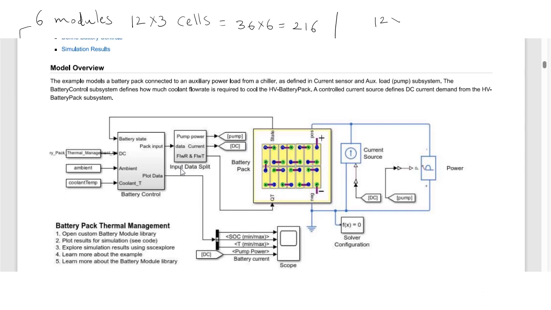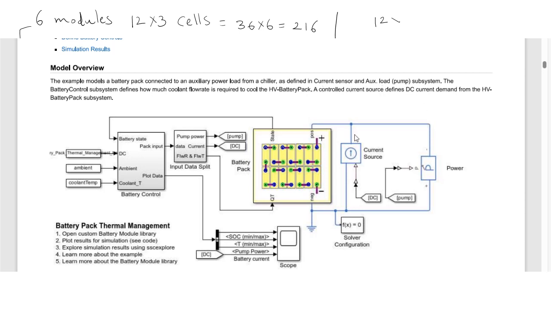So this example models a battery pack which is connected to an auxiliary power load. This is the auxiliary power load and this is the battery pack. Okay. So auxiliary power load from a chiller. So the chiller we are considering as an auxiliary power load, and it is defined in the current sensor and auxiliary load.